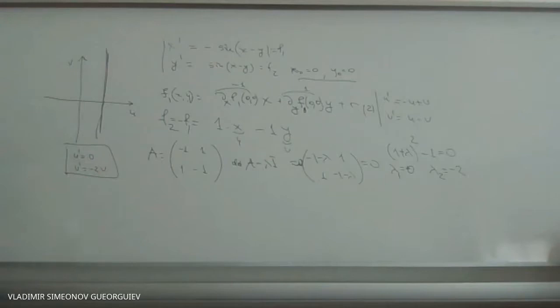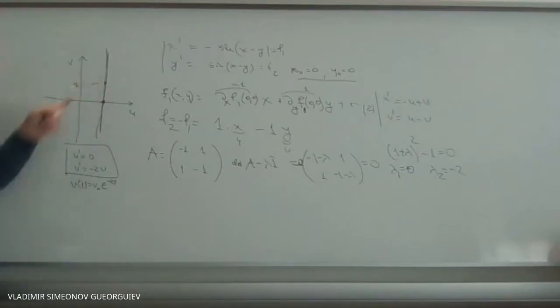How do we solve this? V prime, this v of t is v0 e to the power minus 2t. And we can immediately say, if I start from here, of course, v0 is 0, and this is a point that is a solution. Solution is staying always in this point. But if I start from here, what will happen with v? U is a constant, but v is decreasing or increasing. Here is v0.